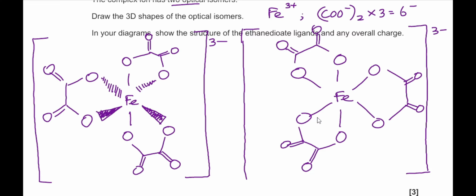Now change this into wedges. That's it. Let's put the vertical line here to show that it is a mirror image.